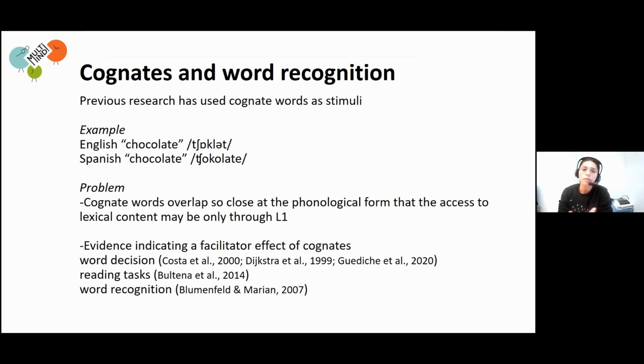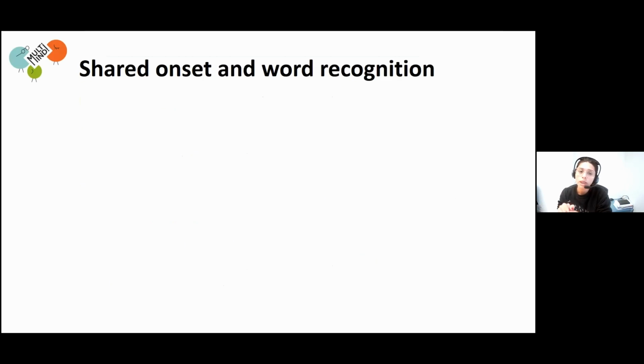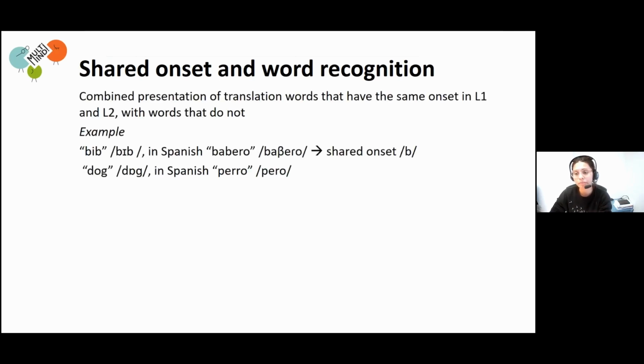There is another type of word which has been used for the study of phonological coactivation, which are words that across languages share the onset. For example, the word beef in English, in Spanish means babero. Here, these two words share the onset, but most of the words are not like that, and they don't share the onset across translations.